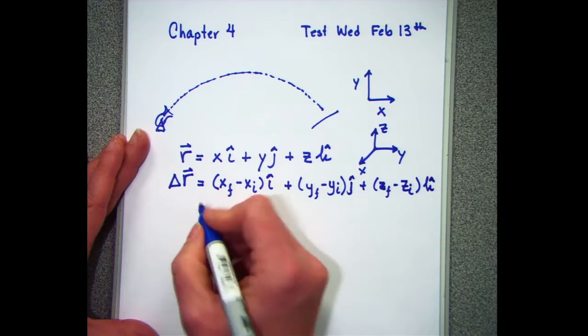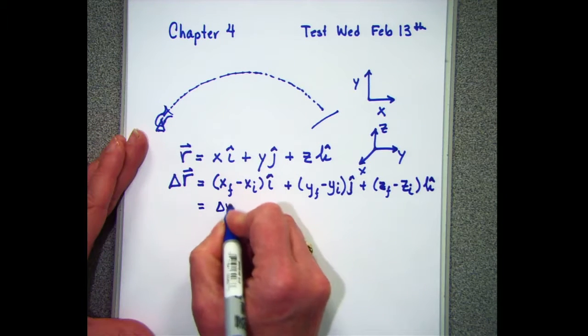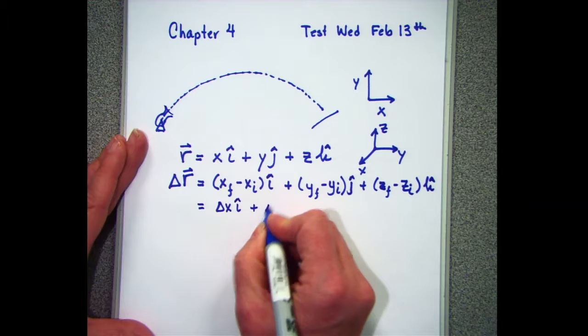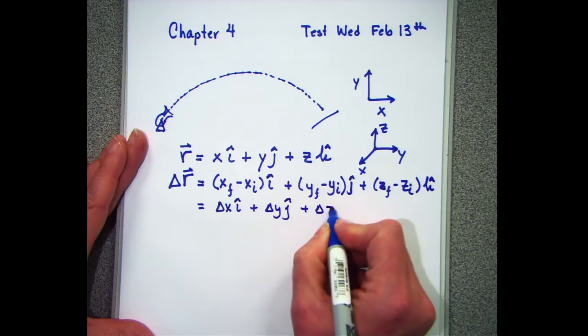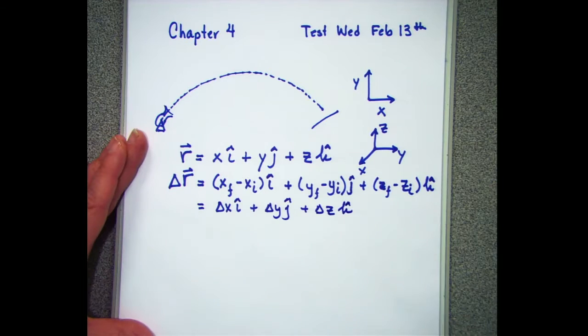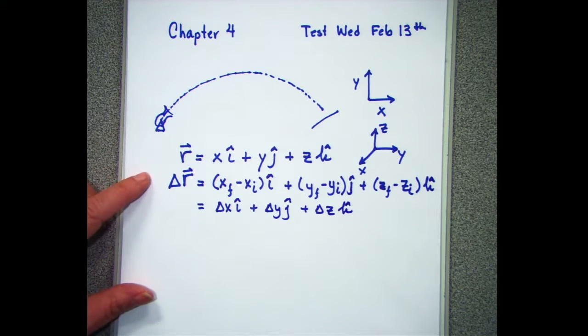And we could even write this as the change in x in the i direction, plus the change in y in the j direction, plus the change in z in the k direction. And this is what we've done oodles and oodles of times in math class.